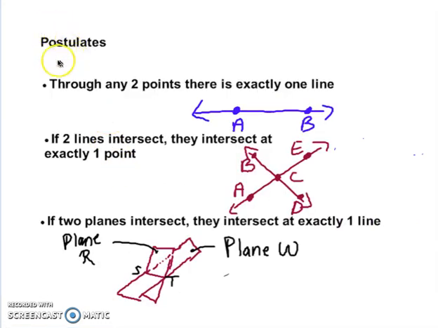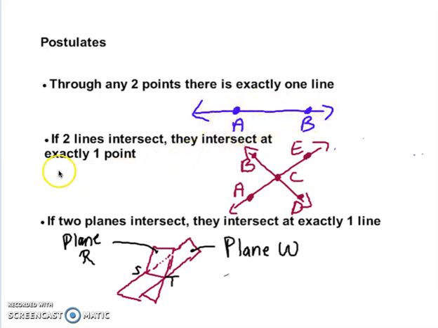Here are postulates or facts. Through any 2 points, there is exactly one line. So you can see here we have our line represented by arrows at the end to show that it's continuous. And on that one line, we have our 2 points, A and B, because any line is always made up of 2 points.